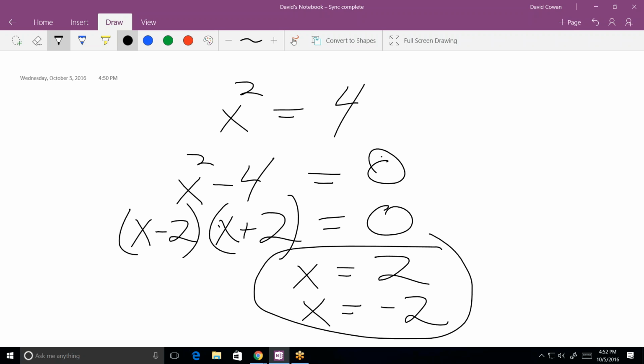By setting it equal to 0 and turning it into difference of perfect squares, it forced us not to make an error. The standard error that everybody makes here is to say x equals 2, which isn't correct. But if I move the 4 over and turn it into difference of perfect squares, now I'm guaranteed to get x equal 2 and x equal minus 2.